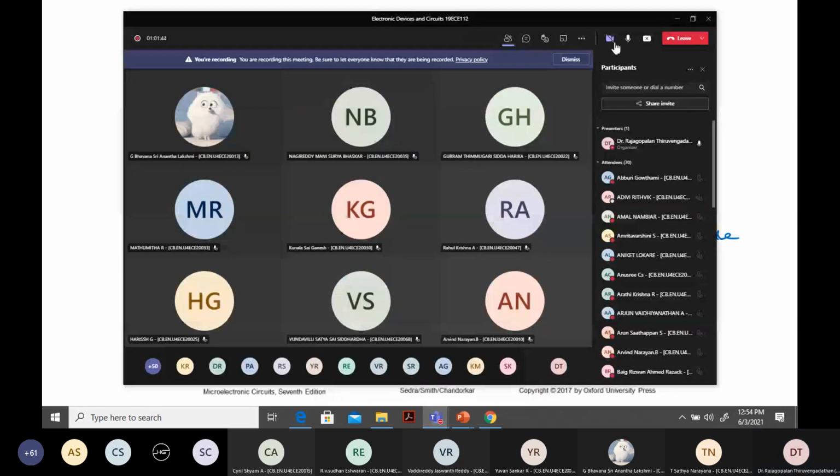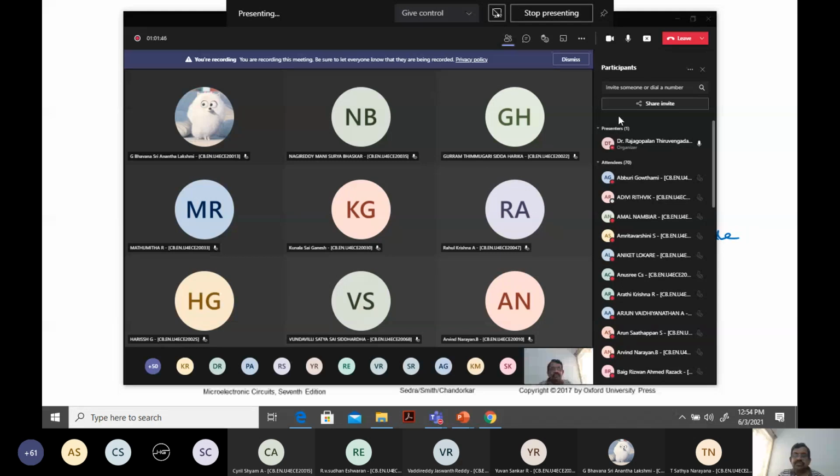Let me again command the camera. You have to understand this carefully. On one hand, this is my P, this is my N, this is my junction. Please see me on the screen. If the holes are crossing over here and recombining with the electrons, the recombination leads to disappearance of the charges on the N side.